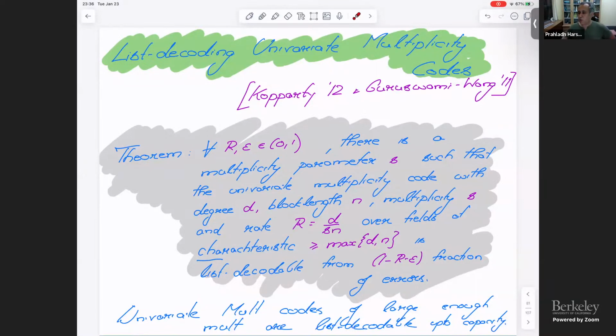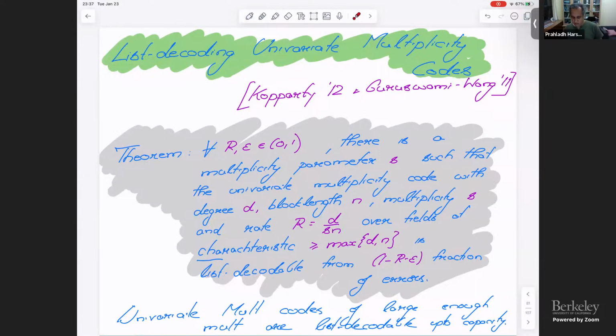It needs the characteristic to be large enough for the proof to go through. So this is actually an open question. What happens to univariate multiplicity codes when the characteristic is small, and what happens for smaller multiplicity parameters? Do we know how to list decode them beyond the Johnson radius in these settings? We don't know the answer to this question.